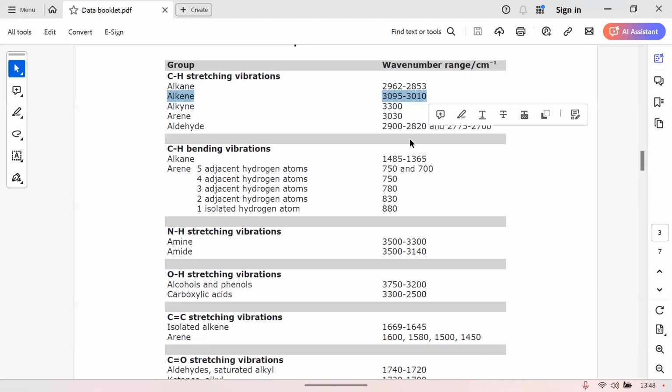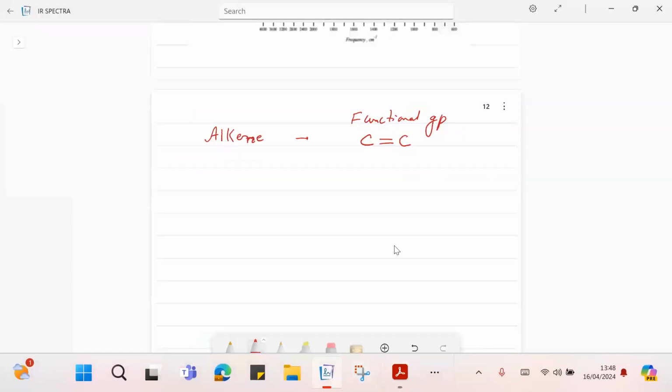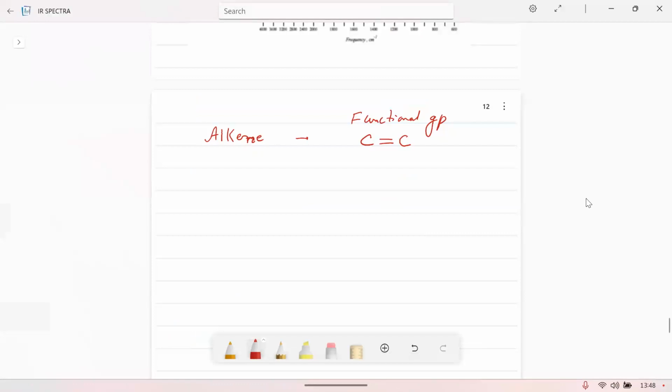If you want to search for an alcohol, then you will search for the peak for OH at this region. So you are going to identify a substance based on their functional group. If I want to identify whether my organic substance is an alcohol or not, I will search for the peak of OH at the given wave number, by looking at the wave numbers from the data booklet.